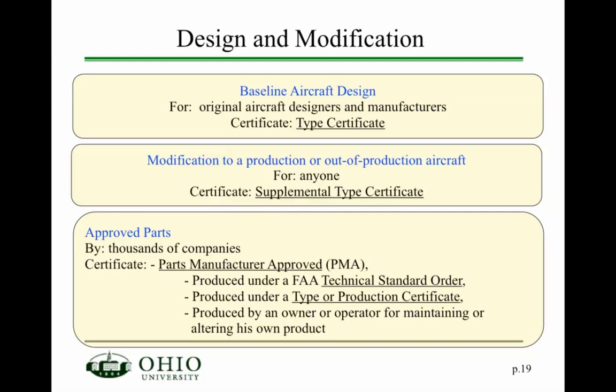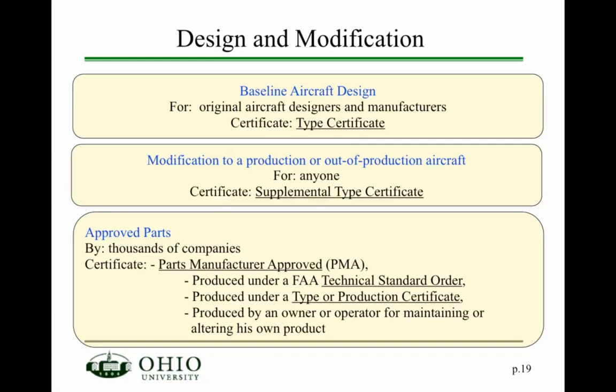The other thing that is out there is what we call a supplemental type certificate, which can be obtained by anyone, not just the aircraft manufacturers. It can also be the avionics equipment manufacturer. In that case, we're talking about making a modification to a production or out of production aircraft.